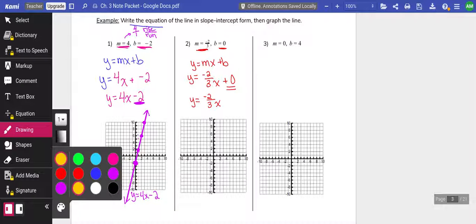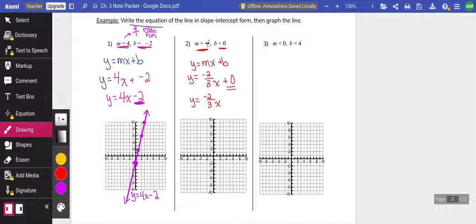From here, I can plot again, starting with my y-intercept, or that b. B is where you begin. You begin at 0 on your y-axis. That's at the origin. Then our movement is -2/3, or our rise is -2 and our run is 3. So instead of rising 2, because it's a negative, I'm going to fall or go down 2, but I'm still always going to go to the right 3.